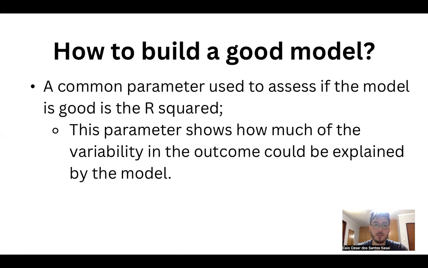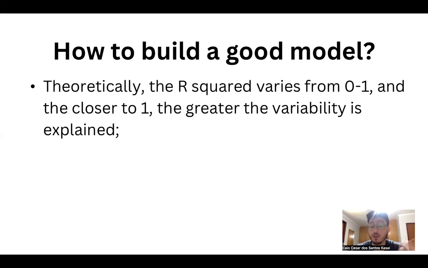Another important point is a statistic called R squared. The R squared is a parameter that shows how much of the variability in the outcome can be explained by the model. Theoretically, the R squared varies from 0 to 1, and the closer to 1, the greater the variability explained.